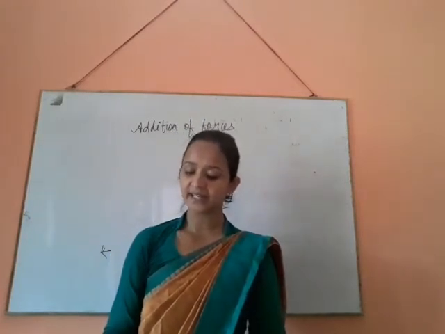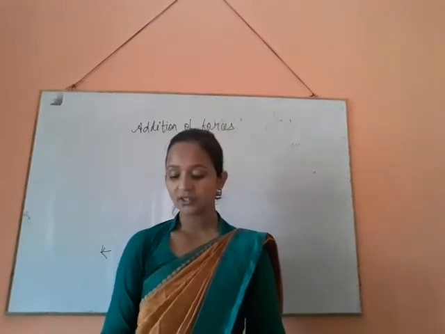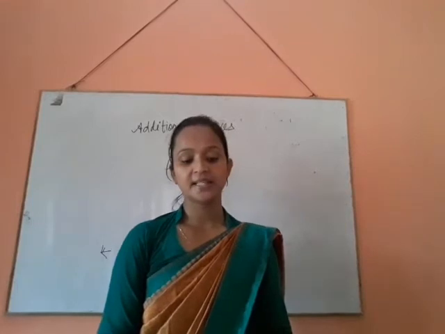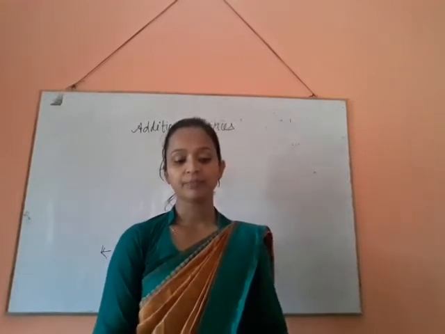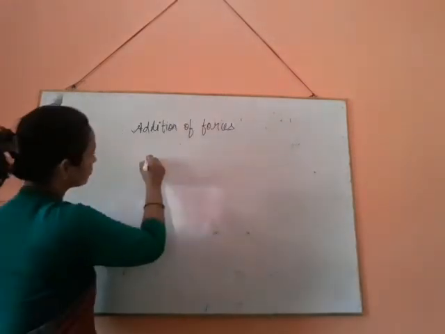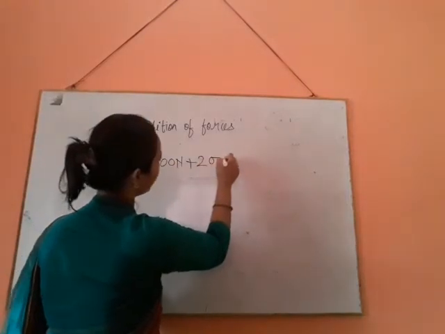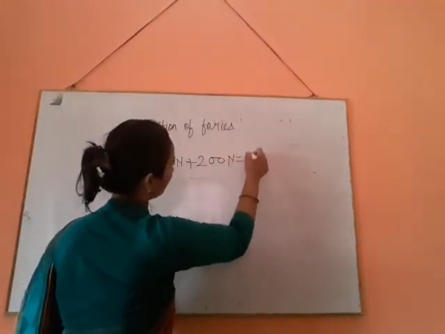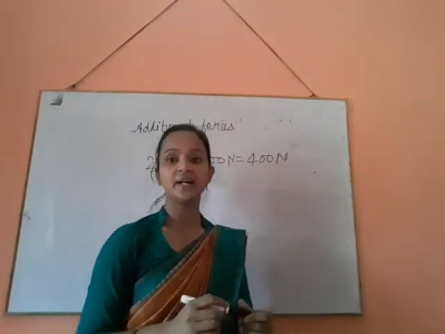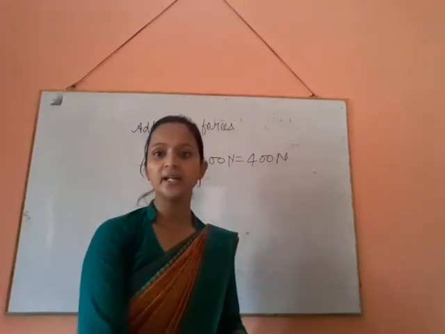The reason is that two forces applied in the same direction get added and produce a larger resultant, the net force. This force will be 200 Newton plus 200 Newton, equal to 400 Newton.